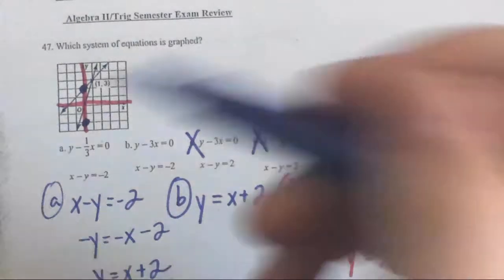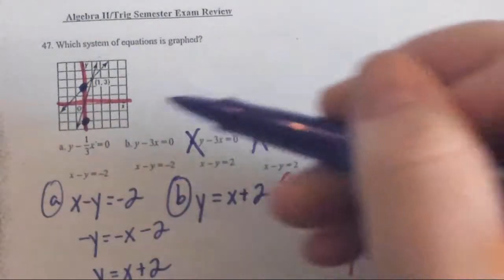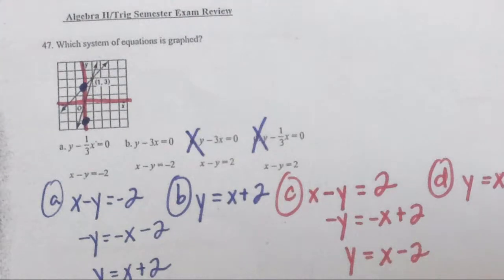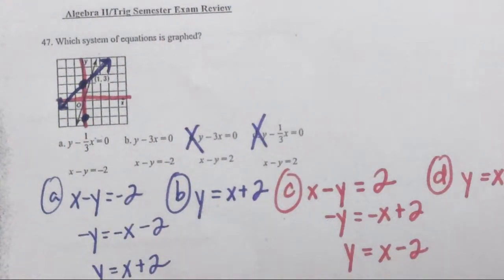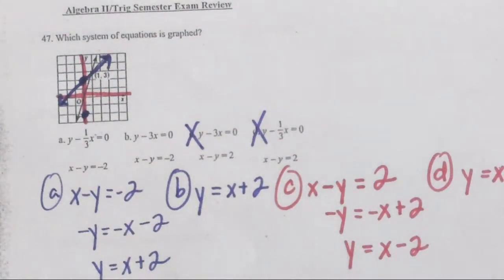And then I can rearrange A, the top equation, and B, the top equation in my head pretty quickly. So that we know this line is y equals x plus 2. The other line is y equals 1/3 x or y equals 3x based off its slope.